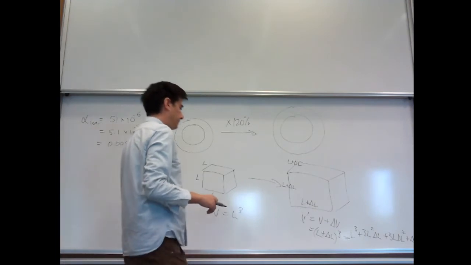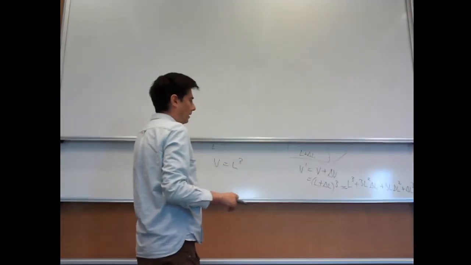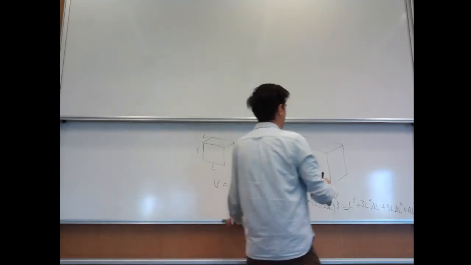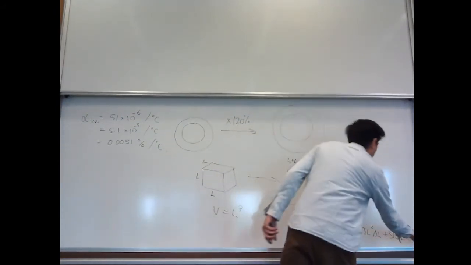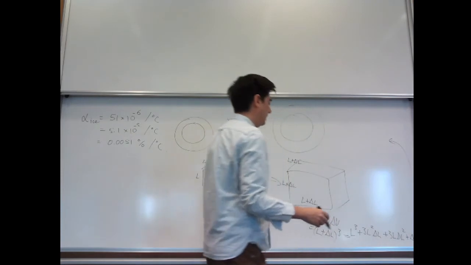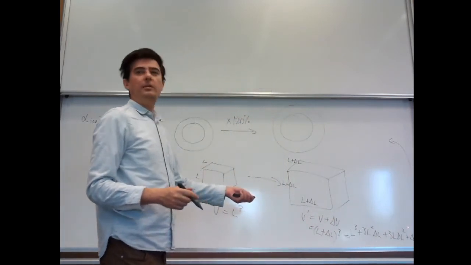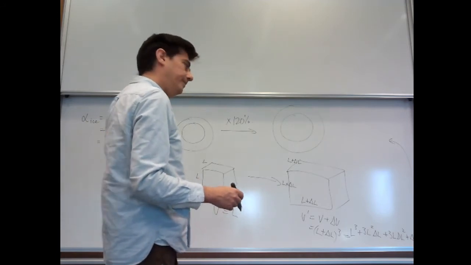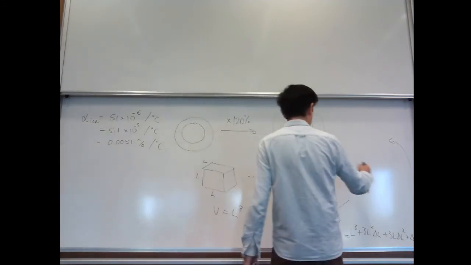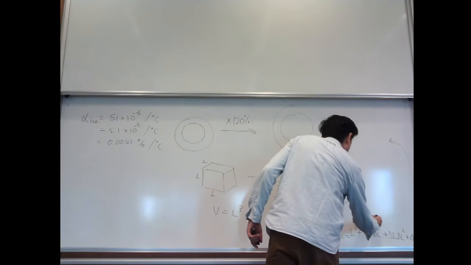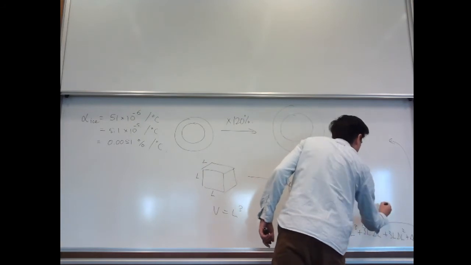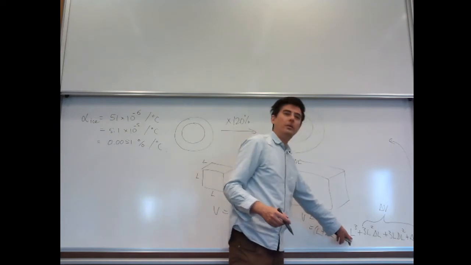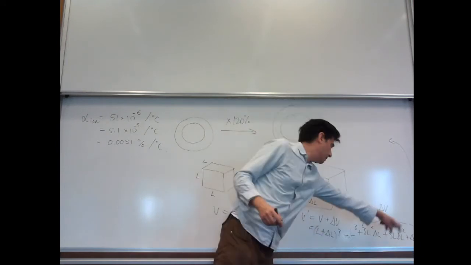These delta L's are generally some kind of small amount. This stuff here is basically our change in volume, because this is the original volume, and this is the change in volume.